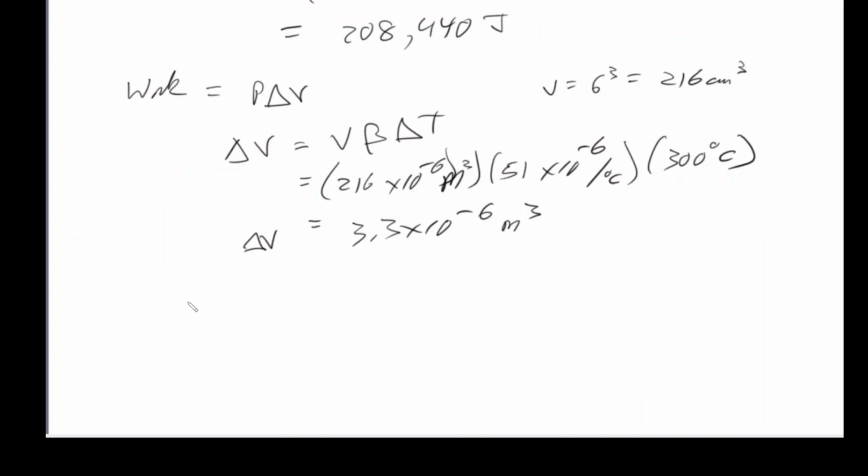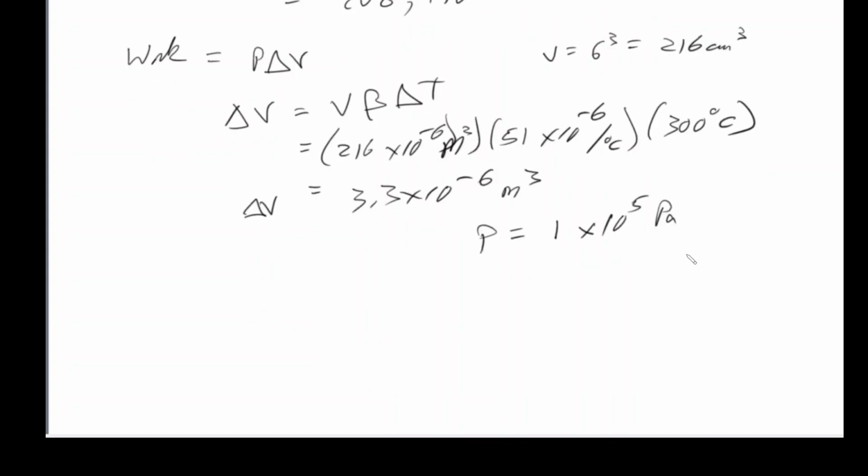So we're also going to assume that pressure is standard atmospheric pressure, which is 1 times 10 to the 5th pascals. And a pascal, if you recall, is a Newton per meter squared.